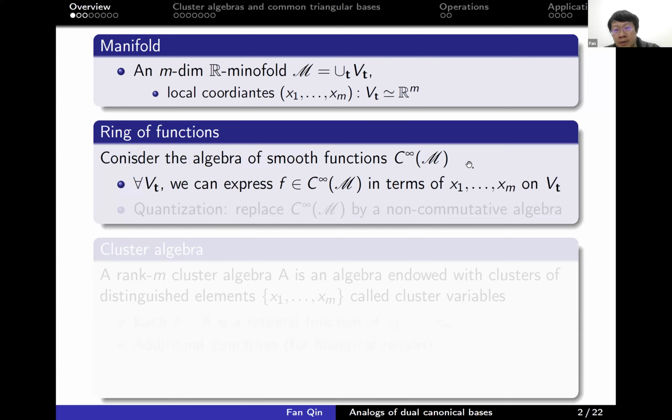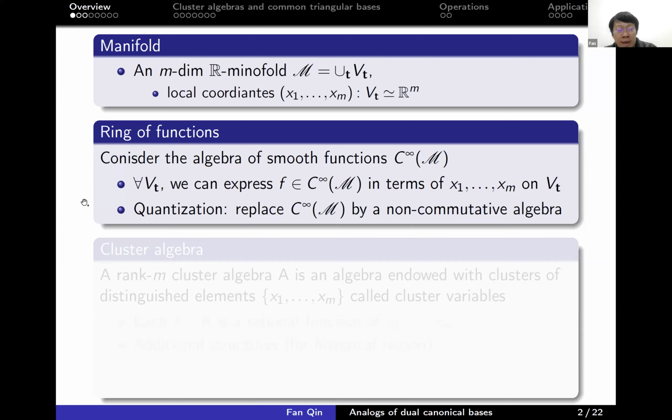Local coordinates give you an isomorphism between a neighborhood and real vector space, and now you can write rational functions in terms of them. And in terms of quantization, if you work with physics, then when you want to quantize classical mechanics into quantum mechanics, you simply replace this commutative algebra of smooth functions with some non-commutative algebra. So by considering functions, this allows you to talk about quantization.